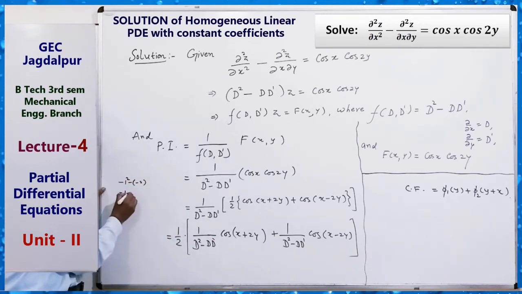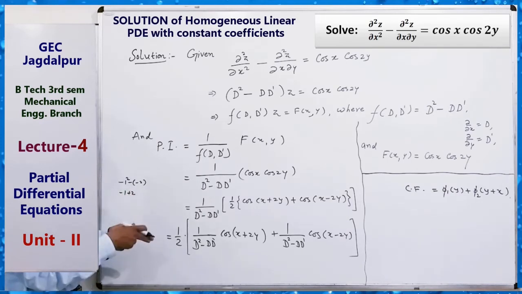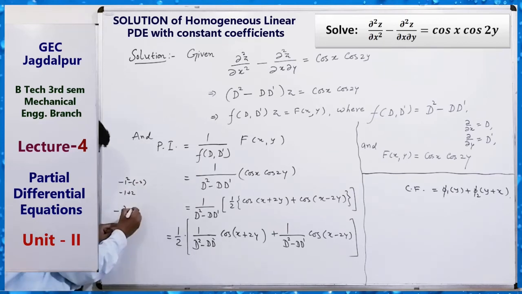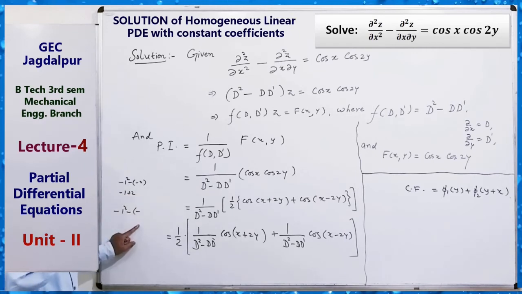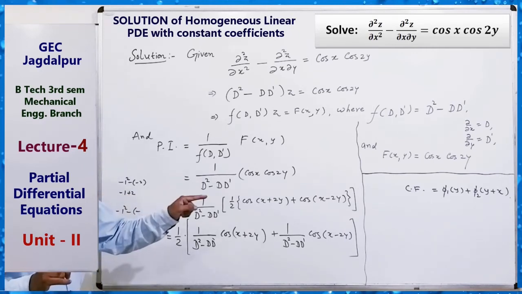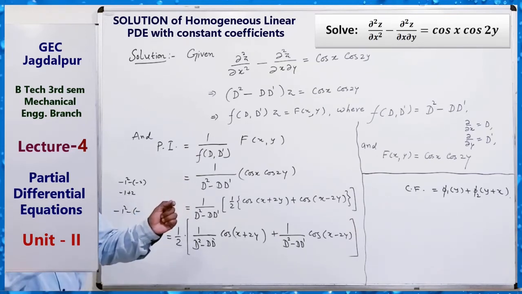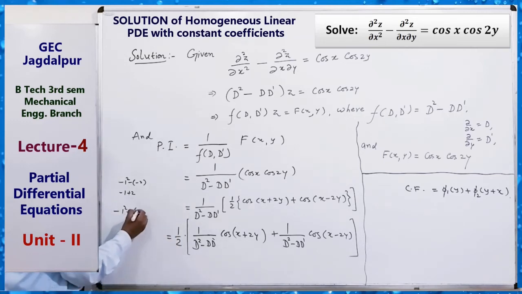So minus 1 plus 2. So not 0. So we can do the same for the second. For the first value a means 1, minus 1 square, minus DD dash means minus a into b, with a 1 and b minus 2, ab is minus 2, and minus of minus 2 is plus 2. So plus 2. Here minus 1 minus 2.